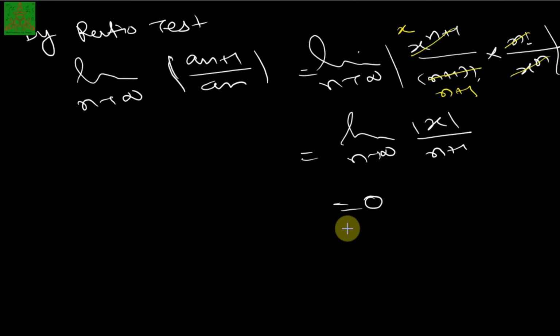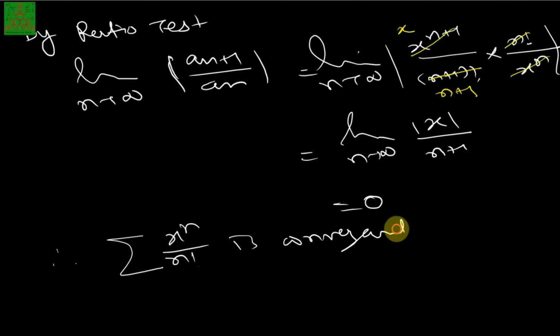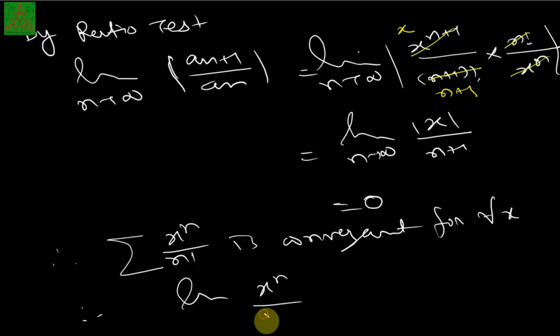but this tends to 0. So therefore we can say that the series x^n upon n factorial is convergent for all x. Since it is convergent, and we have the zero test for that, if the series is convergent, then the nth term of that tends to 0. So therefore I can say that the limit of x^n upon n factorial as n tends to infinity is 0 for every x.